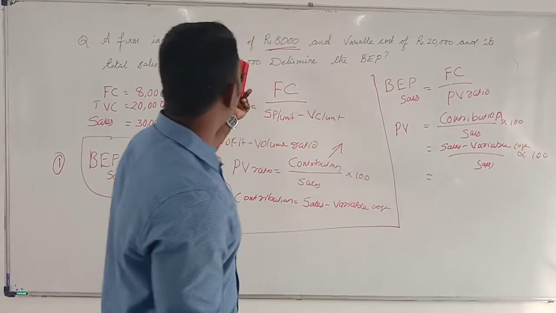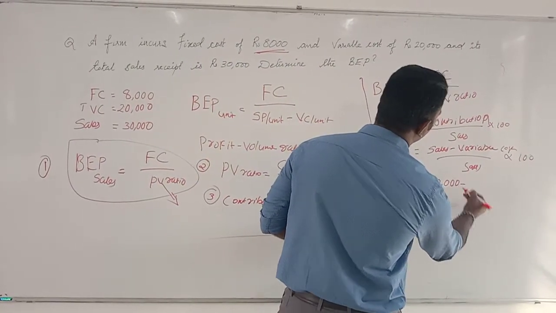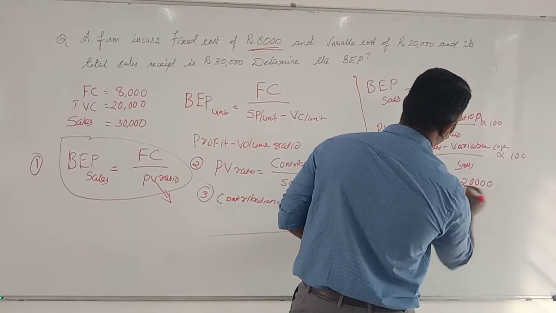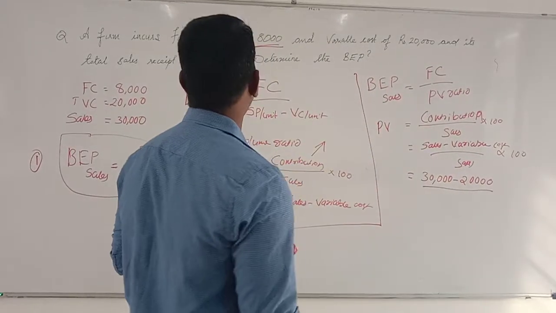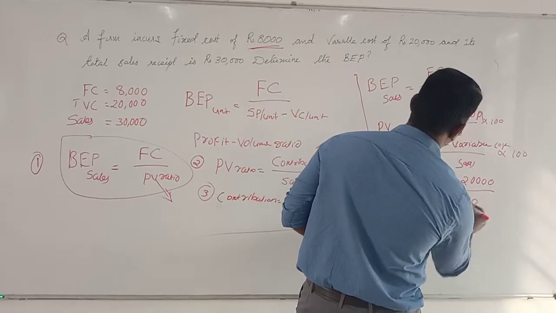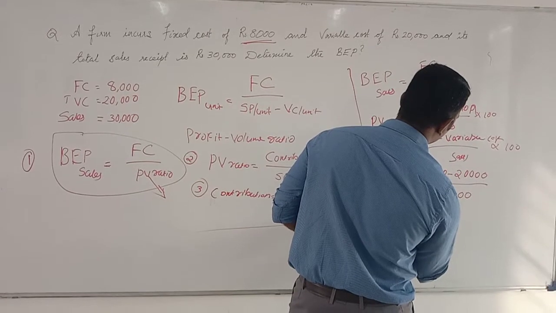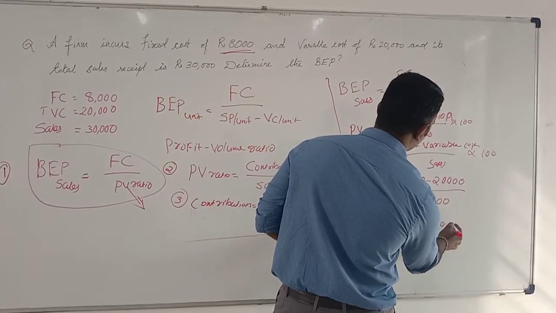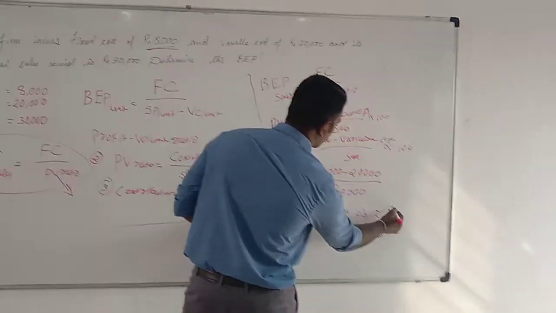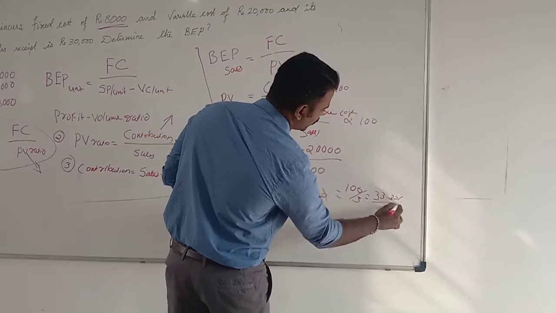So sales amount is 30,000 minus variable cost amount 20,000, divided by total sales 30,000. So 10,000 divided by 30,000 into 100. 100 divided by 3 is 33.33 percentage.